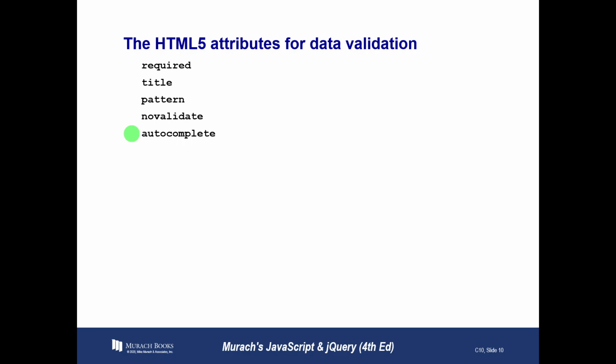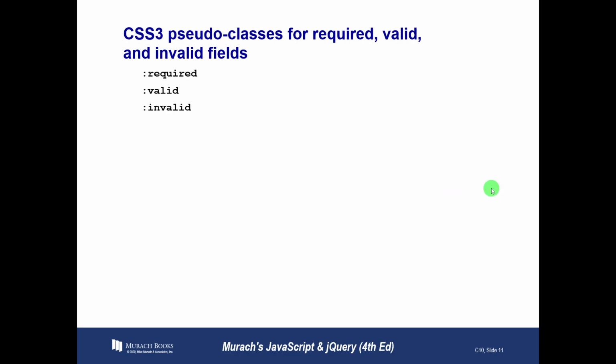It may be an application that's being used on a kiosk where everybody could read it, but that doesn't make sense because they'd have to be logged into their browser. I don't know. There may be valid reasons for it, but I personally don't like it when developers turn off autocomplete. We also have some pseudo classes to tell whether certain elements are required, whether they're valid or invalid.